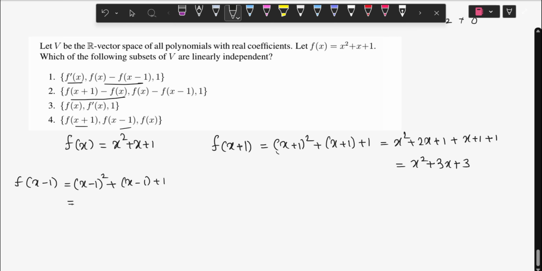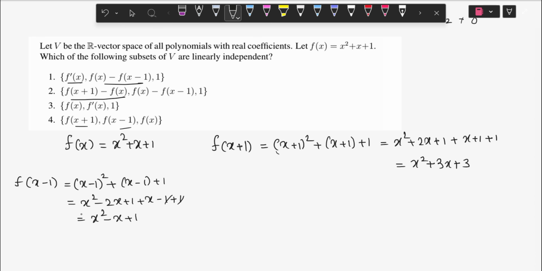So that gives you x square minus 2x plus 1 plus x minus 1 plus 1. So which is equal to x square minus x plus 1. Okay. So we found f of x plus 1, f of x minus 1.